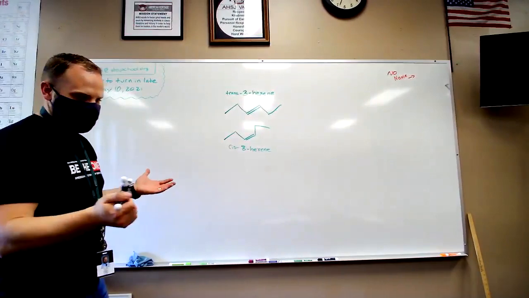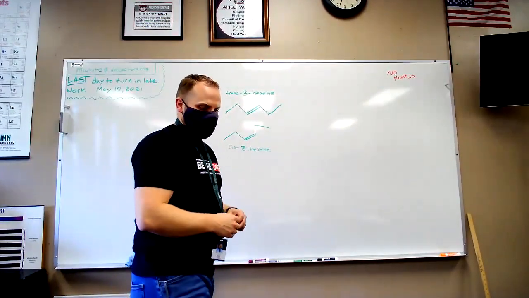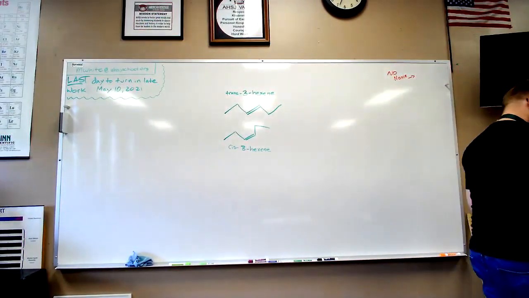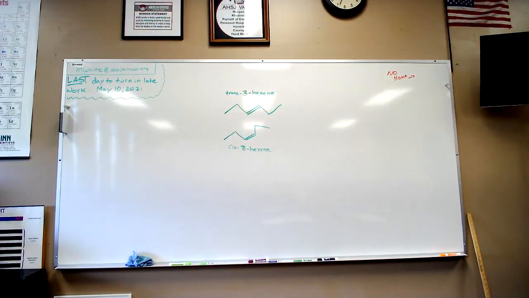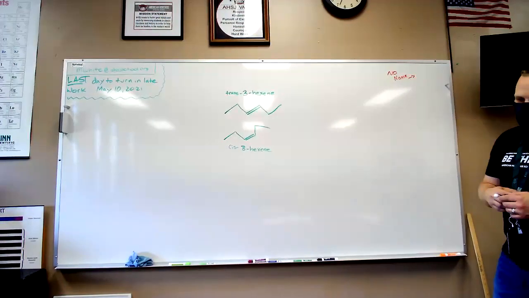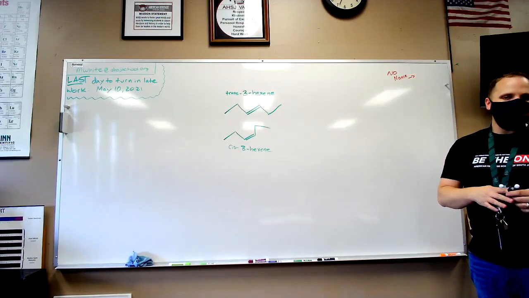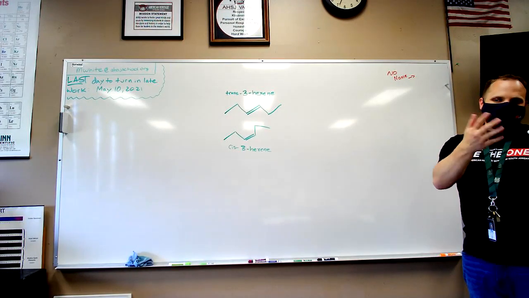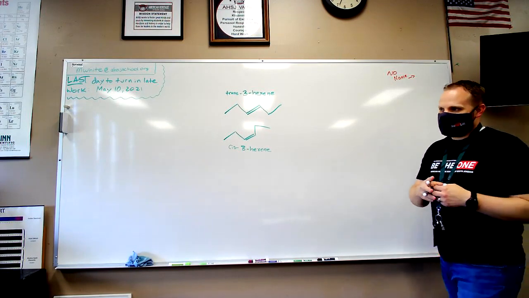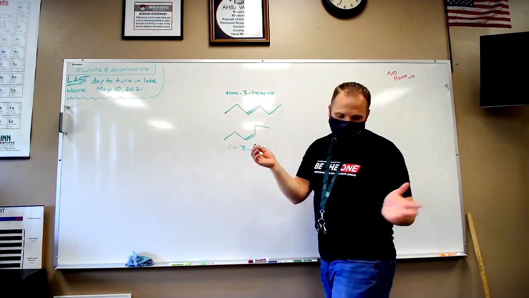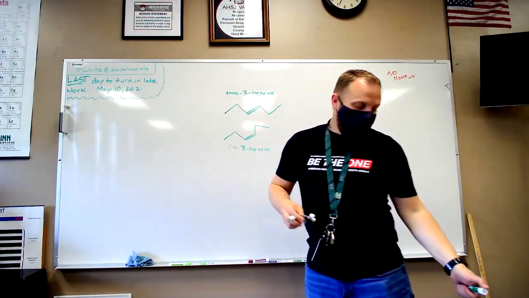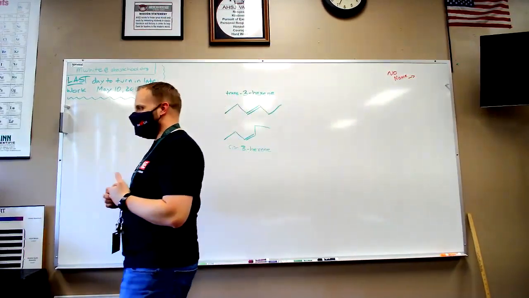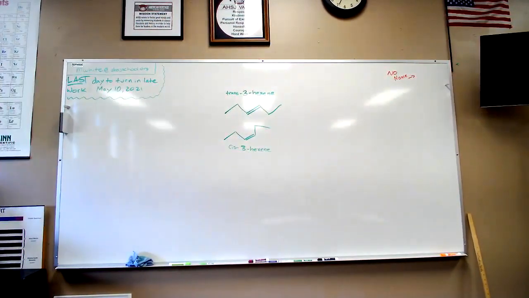You can't have a different isomer. But once you get to butene, then you can have that different structure. Kind of the same thing if it's at the end. If your double bond is at the end, you have two hydrogens, and so it doesn't really matter. You can't say that one is cis versus trans. So anyway, that's just one little tiny thing to add into your naming of double bonds.